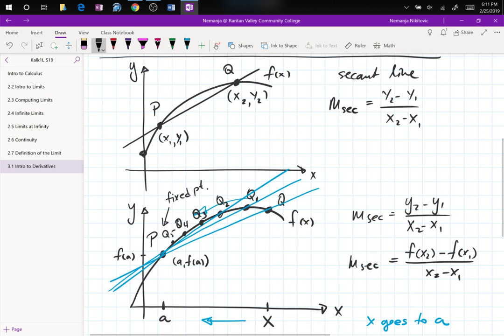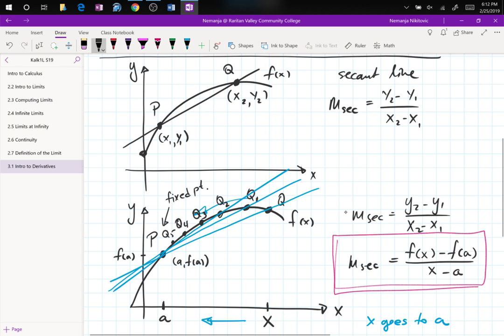So we get to use these x's rather than x and y, because we have a function defined, and we can always compute y's by plugging in x values. So calculating m secant is going to be expressed in terms of this. Now, what I'm going to do is fix these x's, x and a.